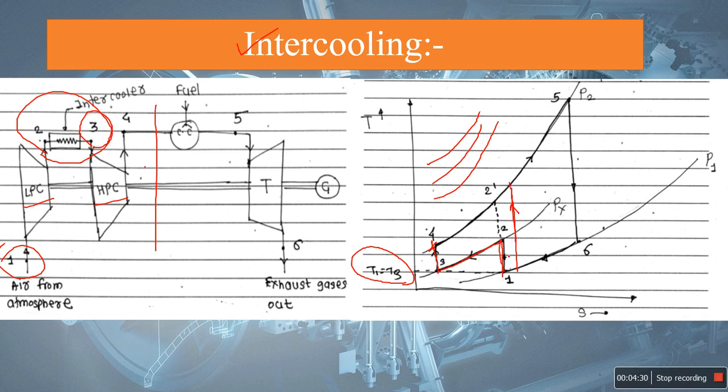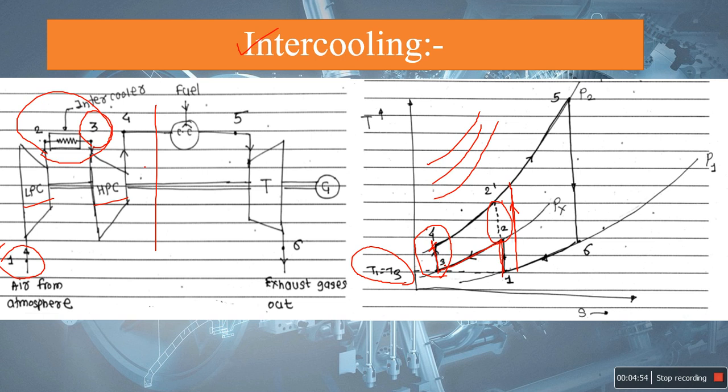This is a single-stage compressor. After intercooling, what do you observe? The dotted line 2 to 2 dash is longer as compared to the pressure line 3 to 4 dash. So the compressor consumes less work, and we improve the thermal efficiency or overall efficiency of the plant by the intercooling method.